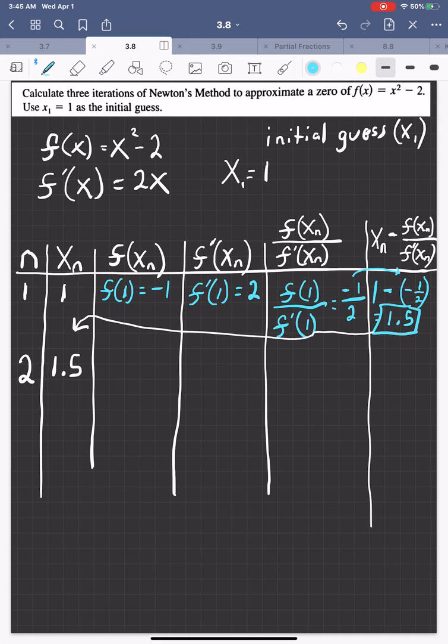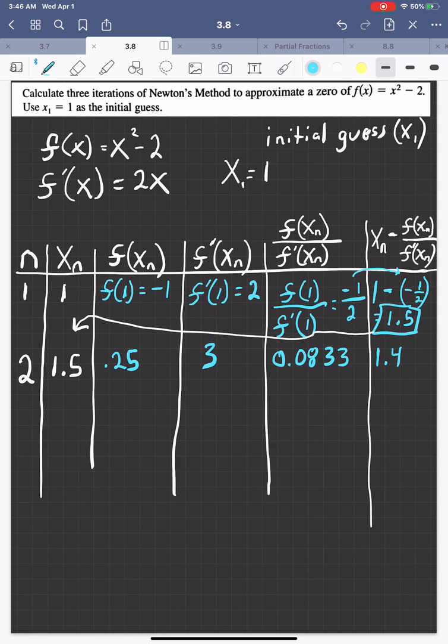But we should get 0.25, 3, 0.0833. I'll go out 4 places. And then my sincere apologies, I cannot read my handwriting, it's so small.